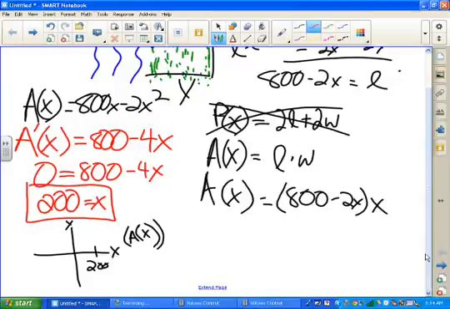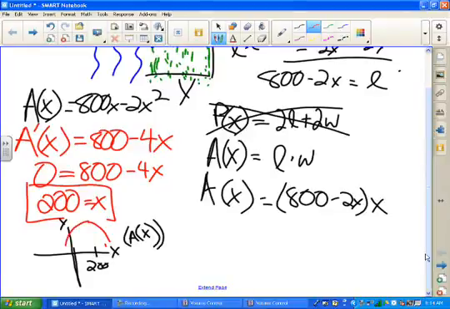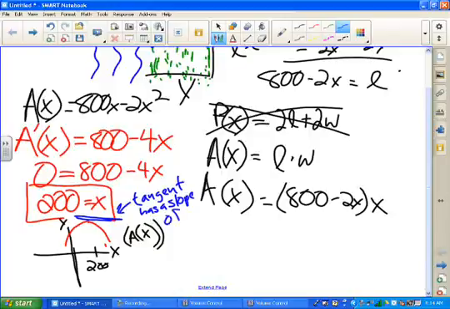And if we were to graph that when x equals 200, because our function for area is a quadratic with a negative leading coefficient, we're going to get a graph that's parabolic in shape where the vertex occurs at x equals 200. Now what we've done mathematically is we found where the tangent has a slope of 0. That occurs at the maximum of this particular function. So that's the maximum value for x.